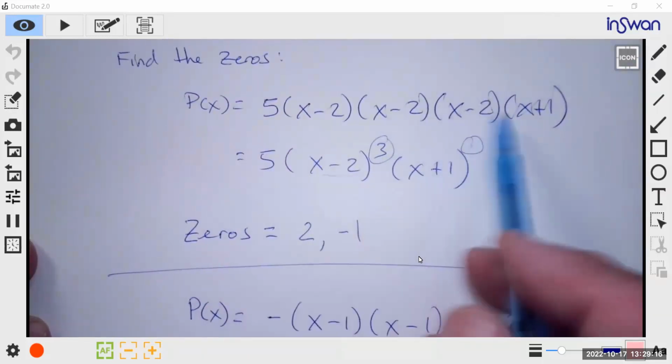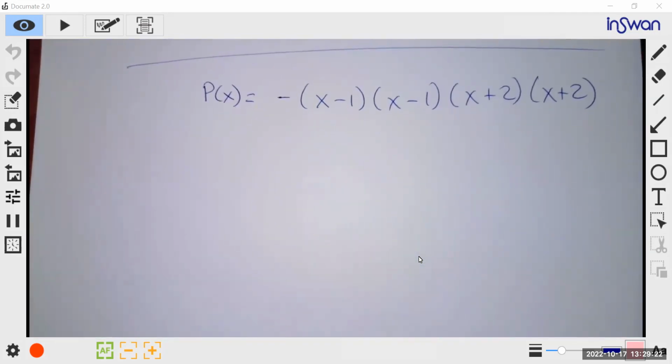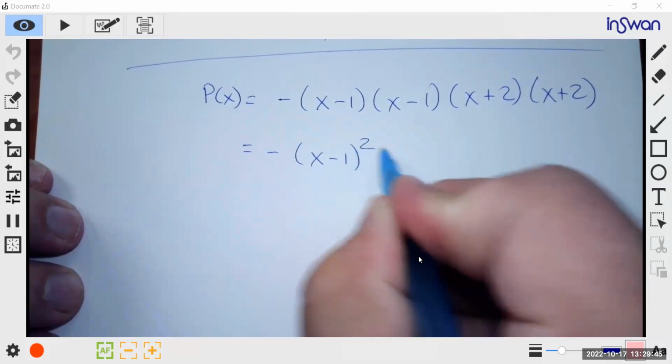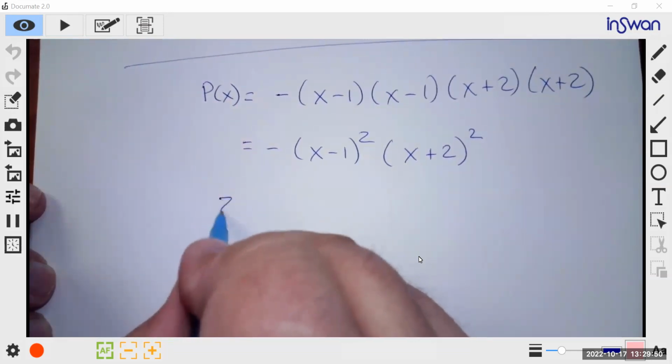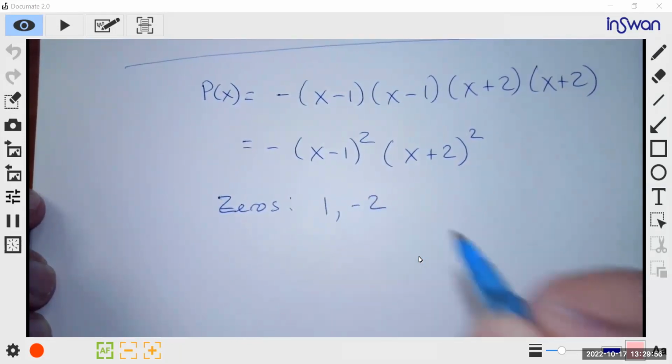So find the zeros of this, set them equal to 0. Now do this one. So my zeros are.